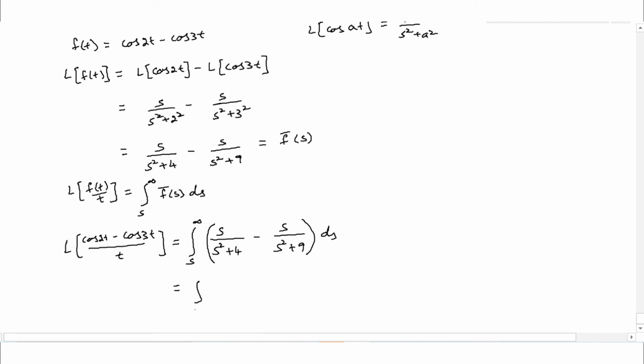Now we'll try to find out its integral value. So try to apply separately integral s to infinity s by s square plus 4 into ds minus of again integral of s to infinity s by s square plus 9 into ds.